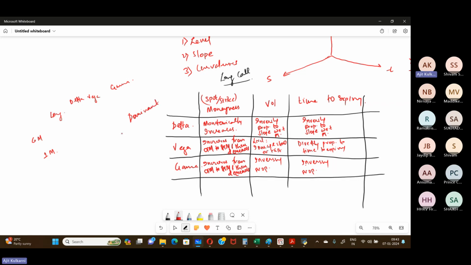And if you have more time to expiry, then vega will be dominant. Okay, I hope everybody understands this.